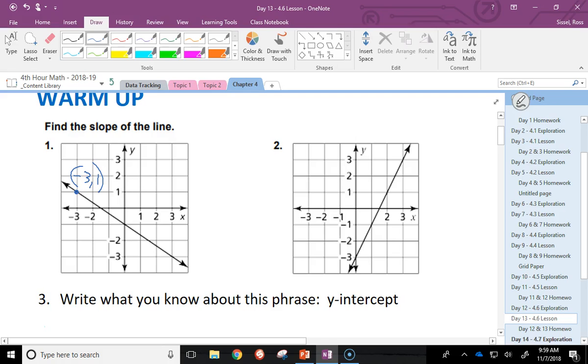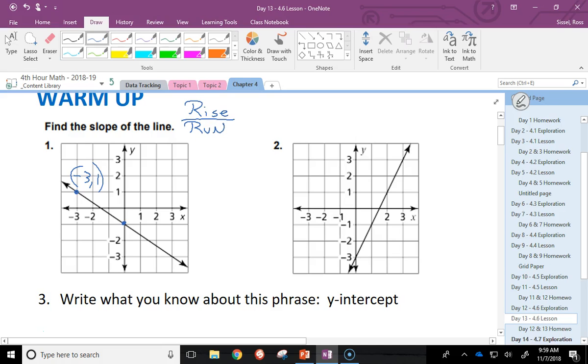Now I'm going to follow my line down until I find another point. Is this a good point to go to? Nope. It's between -2 and 0, but I don't know where. So I keep scrolling down until I find an easy one, and there's one. Then, the most important thing is we know slope is our rise all over our run.